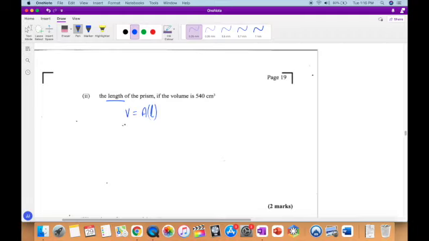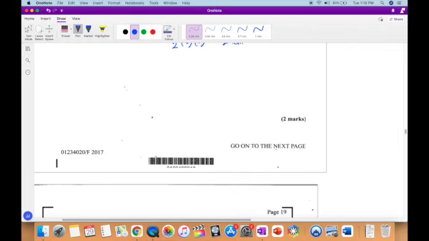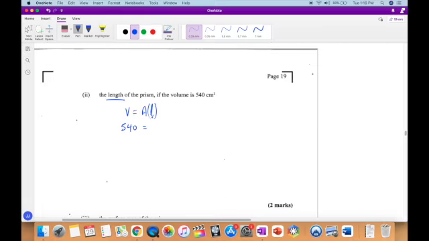If the volume is 540 and the area of that base there is 24, what is the length? So therefore the length is 540 divided by 24, which gives us about 22.5.